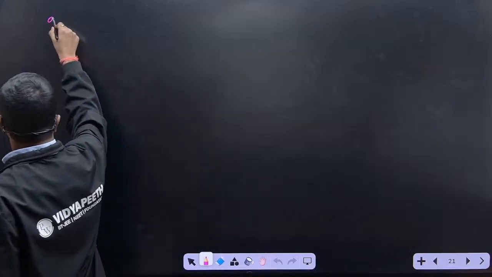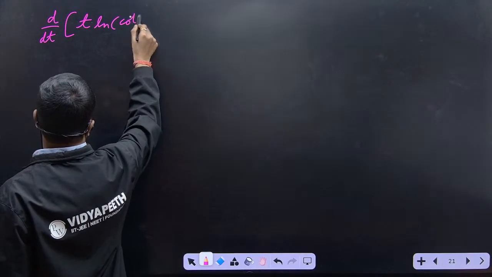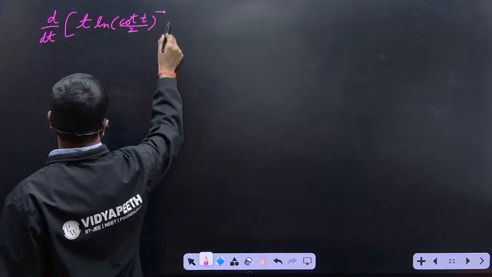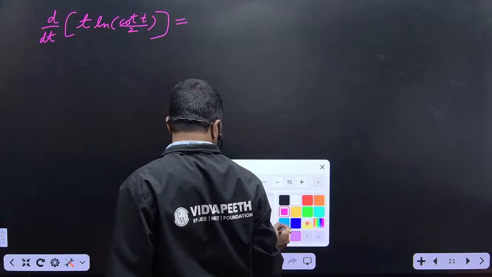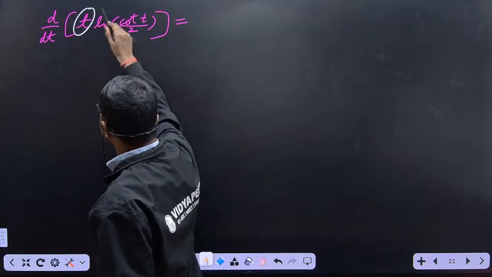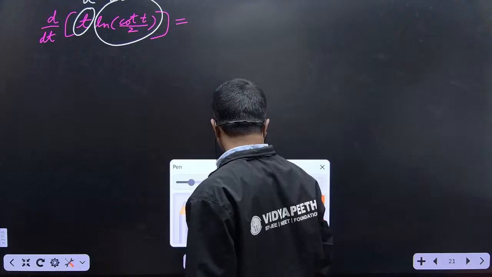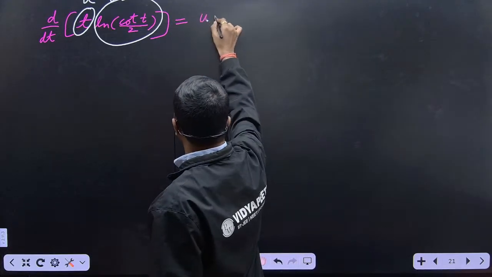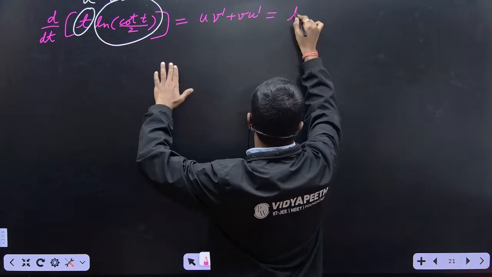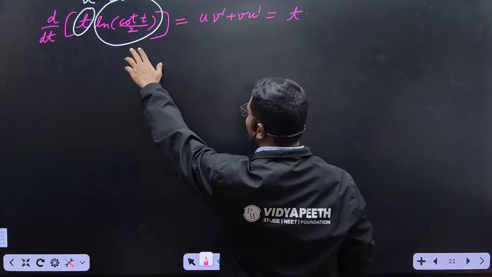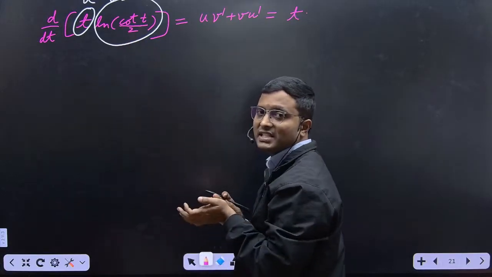What is the d by dt differentiation of t into cot of ln t by 2? Just try to do the differentiation using the UV rule. Product rule we have to use. So let us keep this as the first term and this is our second term. We know the UV rule, UV dash plus VU dash. So U as it is, t, into differentiation of V. Again here you have to be careful, this is not a simple term, this is a complex term.